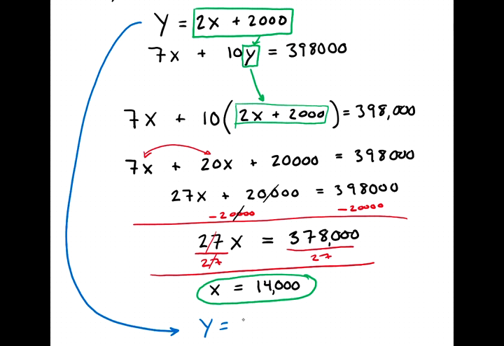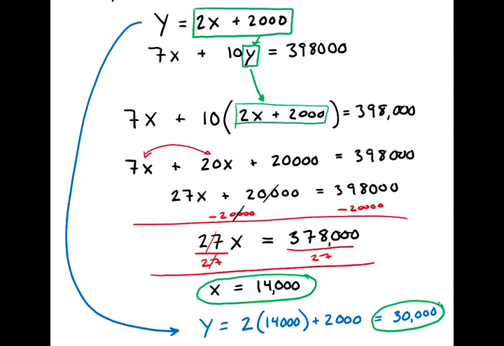So it's 2 times x, or 2 times 14,000 plus 2,000. 2 times 14 is 28, so that's 28,000 plus 2,000 more is 30,000. So x is 14,000, y is 30,000.